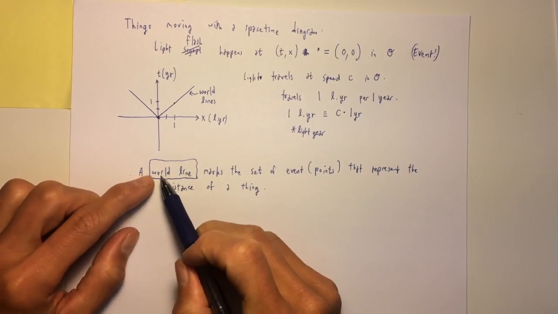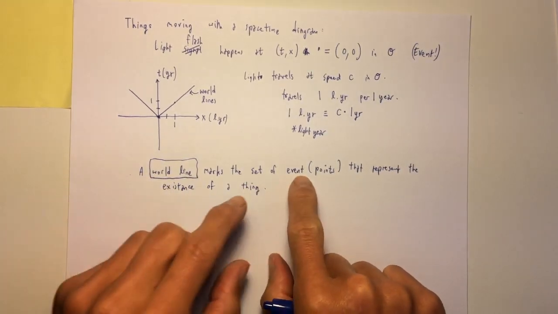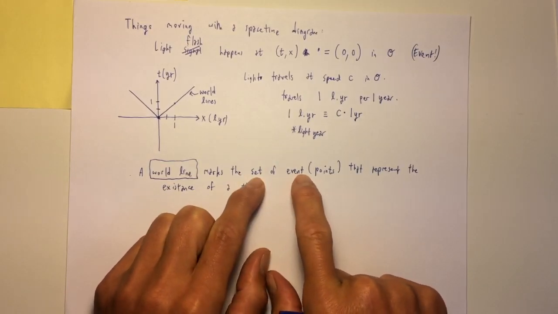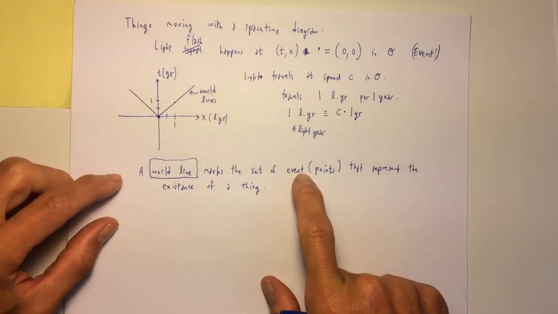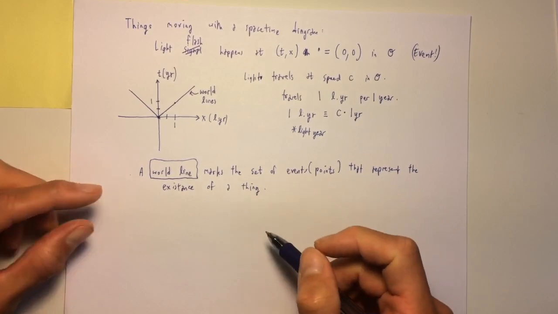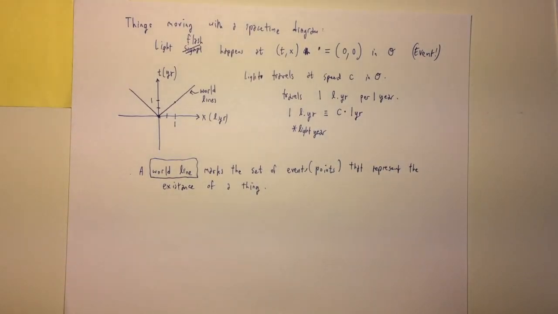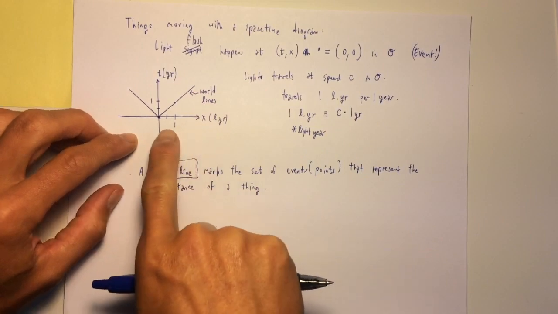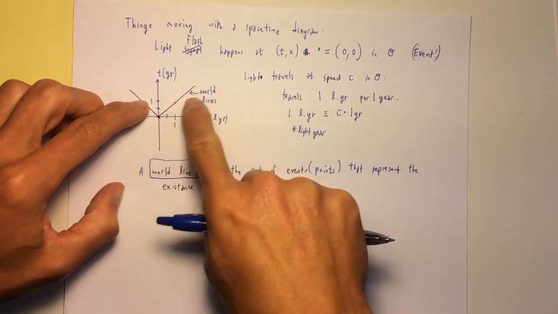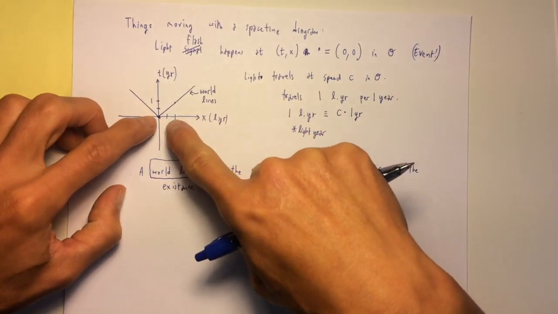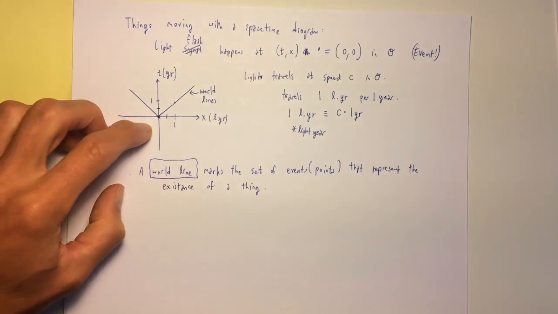It's a drawing of all of the lifetime event points of a thing that exists during time. That's a weird thing, but it is a set of events, a set of points. A line is an infinite set of points. A curve also is an infinite set of points. So these world lines are marked off for things that travel at the speed of light. It travels 1 light year as 1 year goes by.